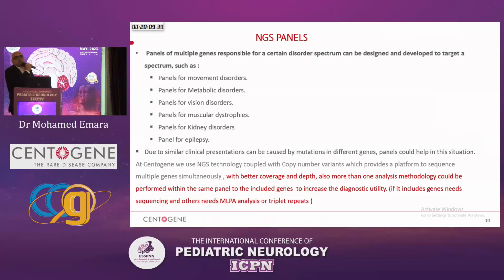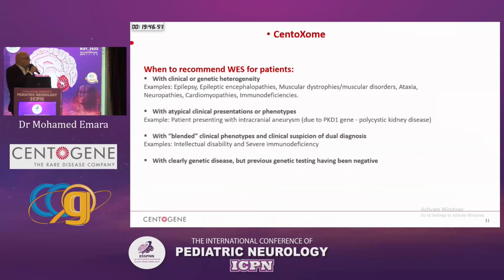So if the physician nowadays is suspecting a specific disorder, he can cover the disorder by the panel with confidence that all genes related to this disorder are present in the panel, and the different techniques that can be used in this disorder are also covered in the panel. This is for the NGS panels.